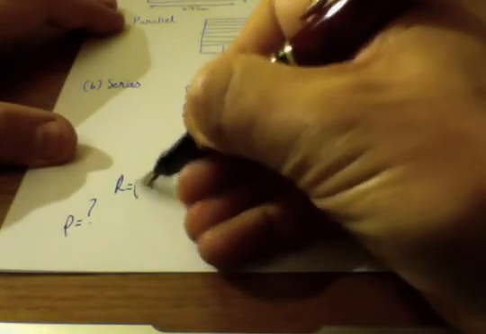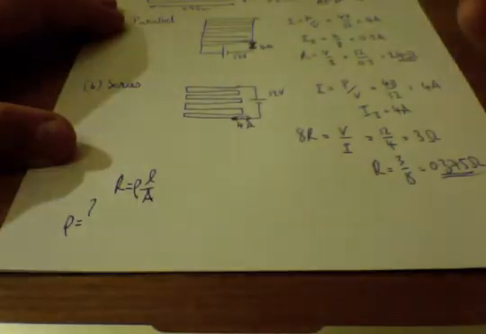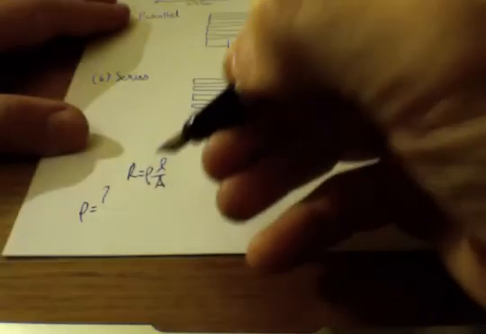Right, we know resistance is rho L over A. The series setup is the one that we're interested in, so we're running at that type of resistance.